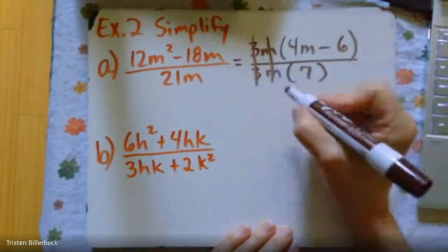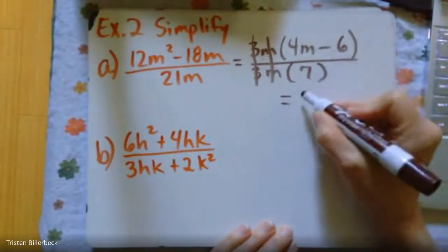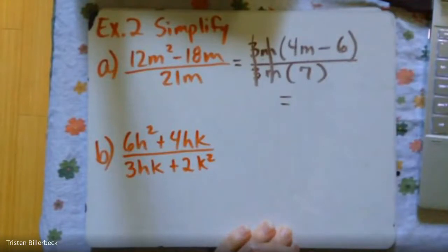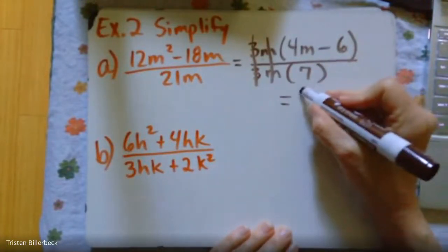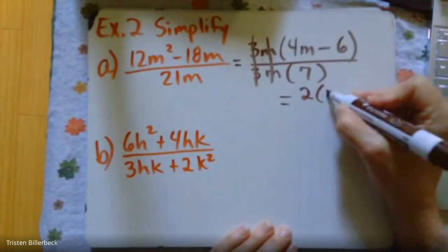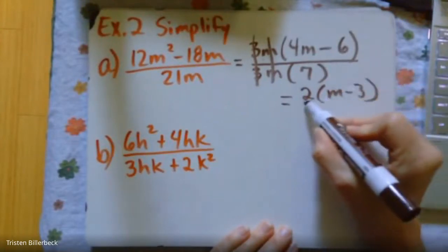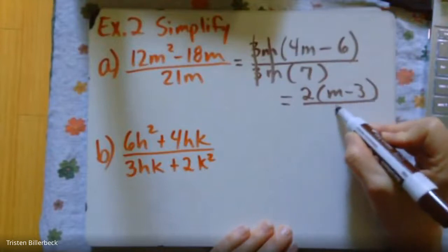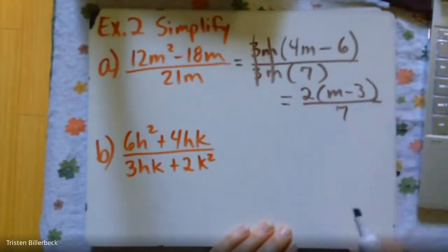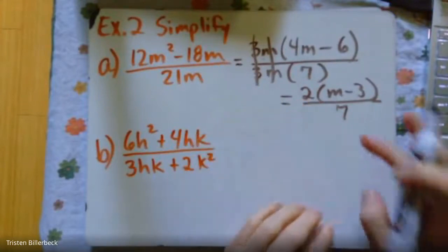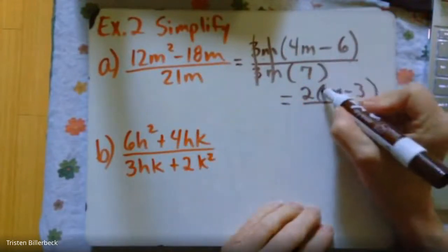So my answer for this one is going to be, oh, and I can take a little 2 out of there too if I wanted to do that. So I could take a 2 times m minus 3 over 7. And now it's all factored. Whoops, that's a 2m.